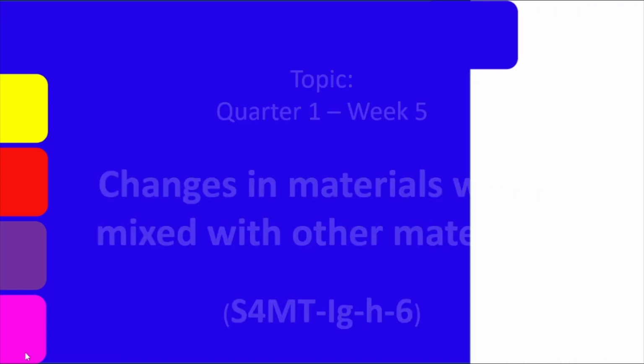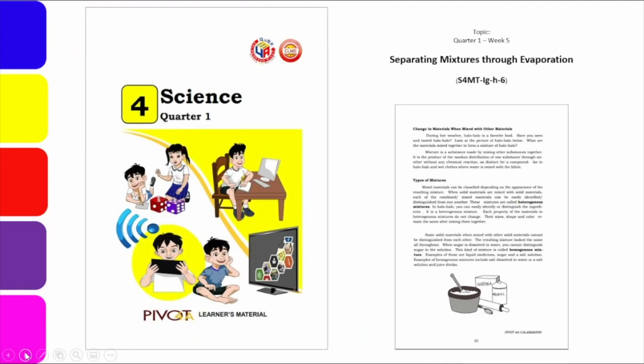And of course, galing din po ito or base ito sa pivot module ng Calabarzon, which is available sa DepEd Commons. So, sa pivot module, ang title niya ay Separating Mixtures Through Evaporation on page 22.